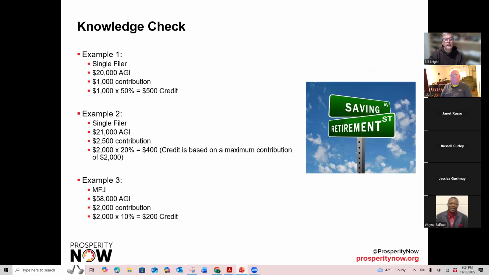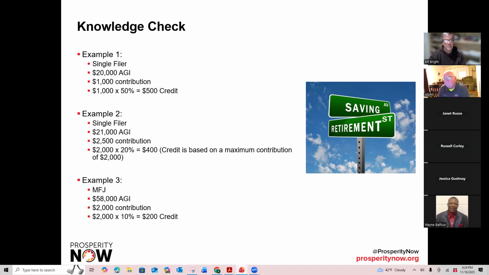So again, in this example, a single filer has $20,000 of AGI. There's a $1,000 contribution. Because of his income and that $1,000, he gets to take a credit of $500. So his tax burden would be reduced by $500. Again, $21,000, a 2,500 contribution.